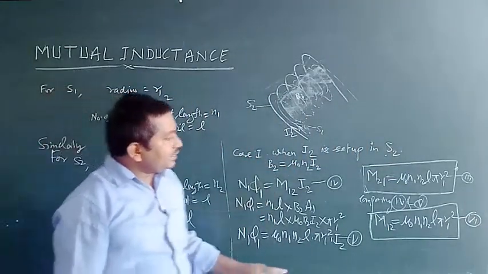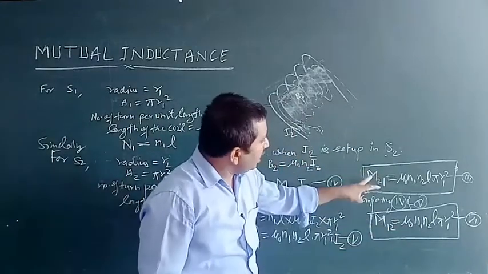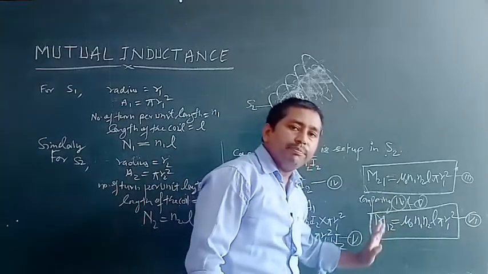You are seeing that from equation number 3 and equation number 6, M21 and M12 both are the same.